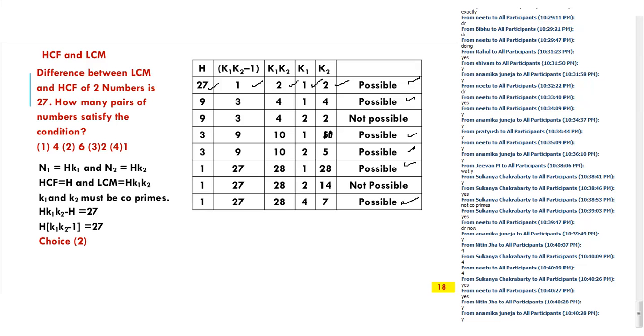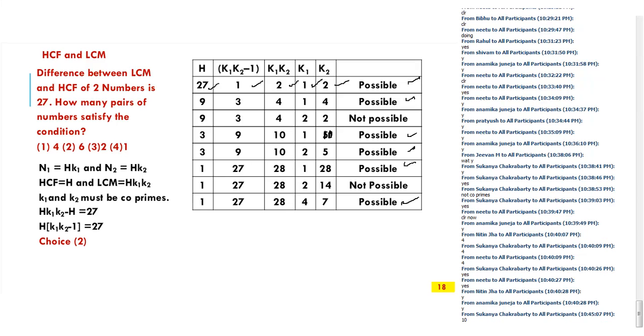Let's say same question, the difference is 36. Take note. The difference is 36. Find out how many numbers are possible. You try this. Now it's taking time. Let's see how to do it faster.